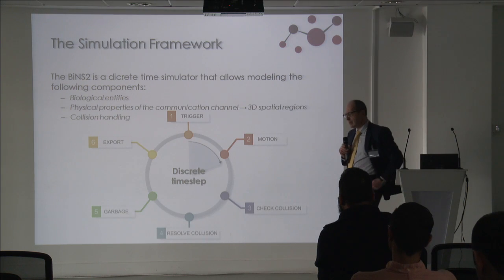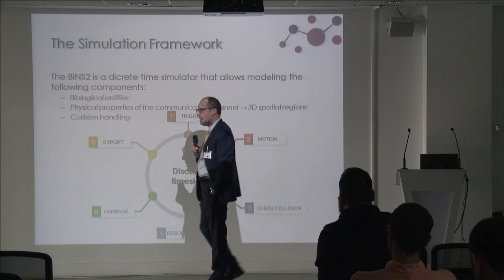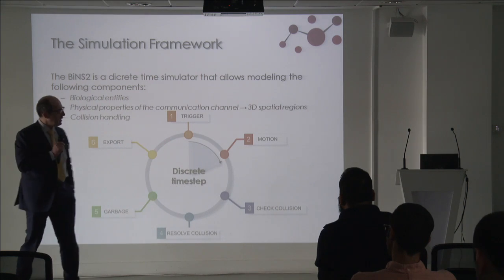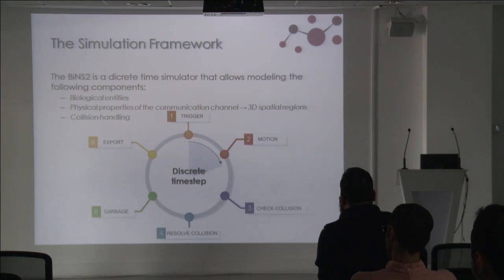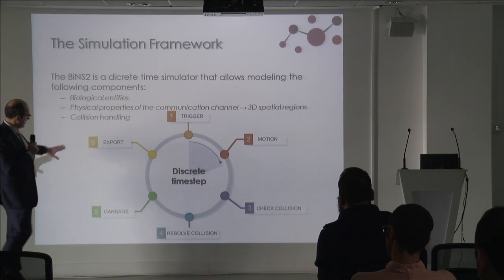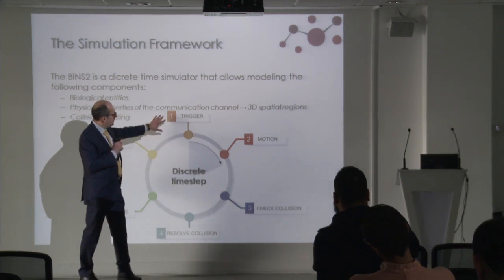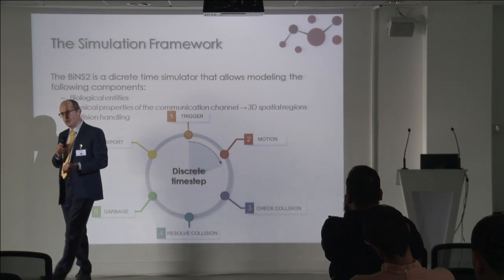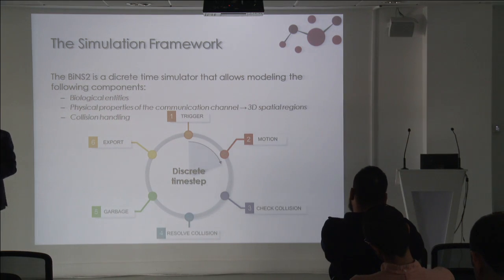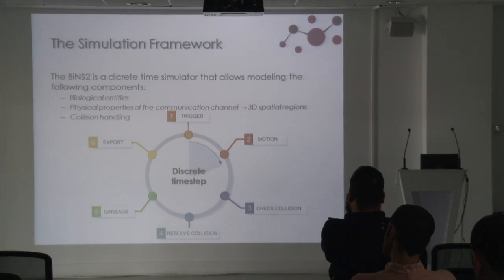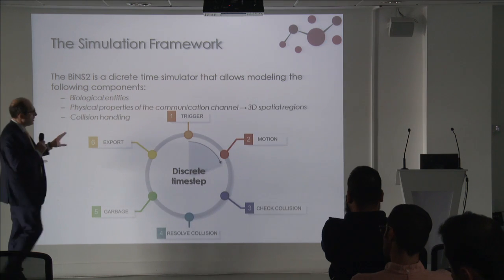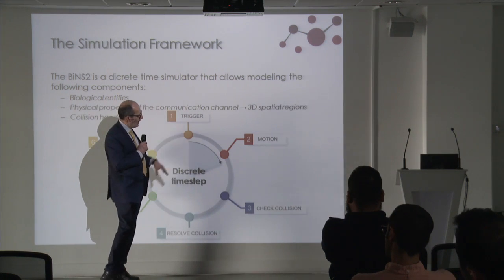Now, this simulator is organized in discrete time steps, and each time step includes 5-6 phases. The first phase for each time step is the trigger phase. During this phase, all the objects having a time to live greater than 0 are woken up. All the entities become ready to do something according to their internal status.